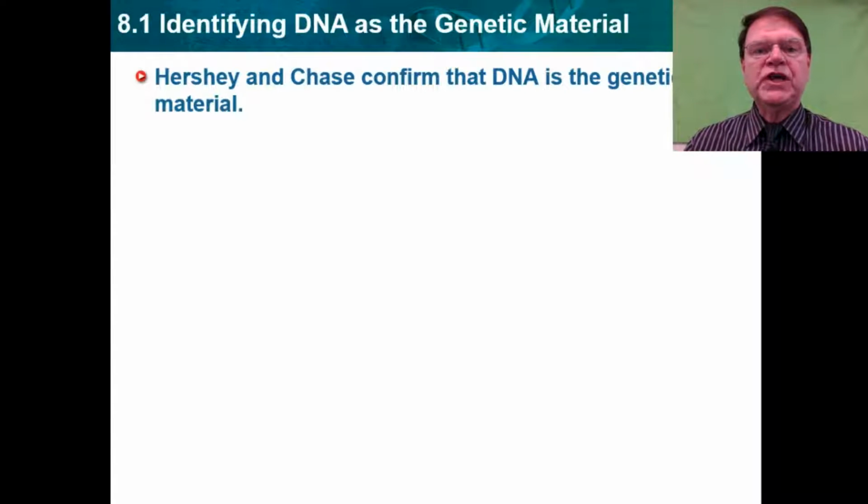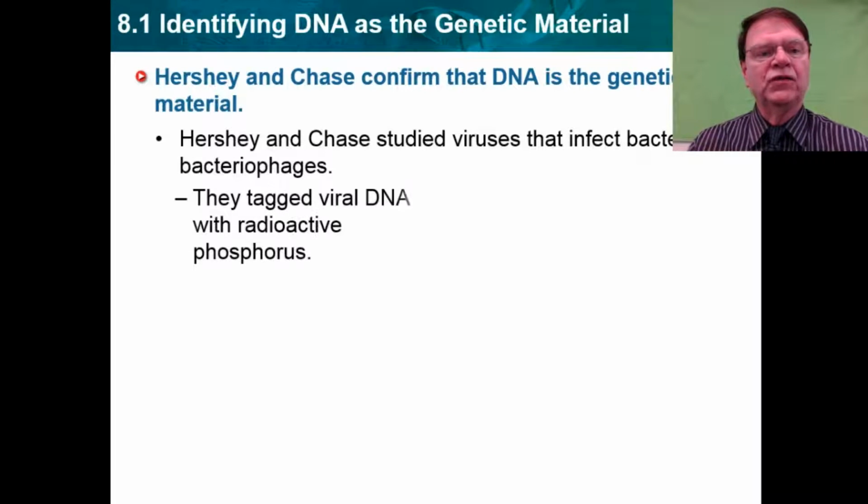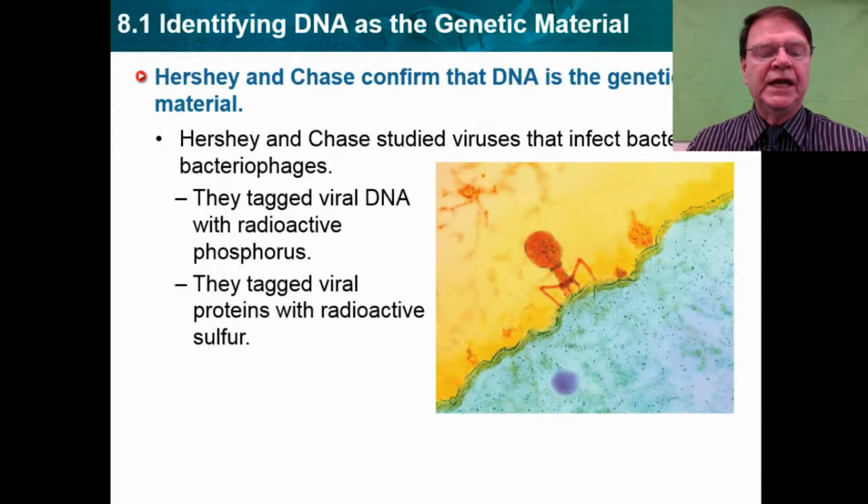So Hershey and Chase were able to confirm that it was DNA, that is the genetic material, that carried over this information. They did this by studying particular viruses that infect bacteria, known as bacteriophages. So they tagged this viral DNA with a radioactive phosphorus. And so, that was the material that was transforming these bacteria.